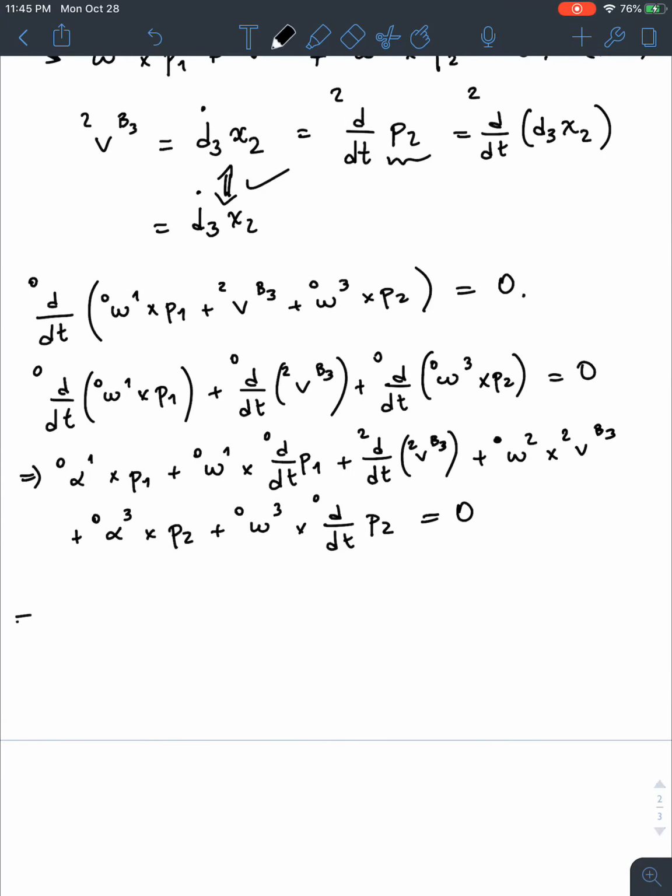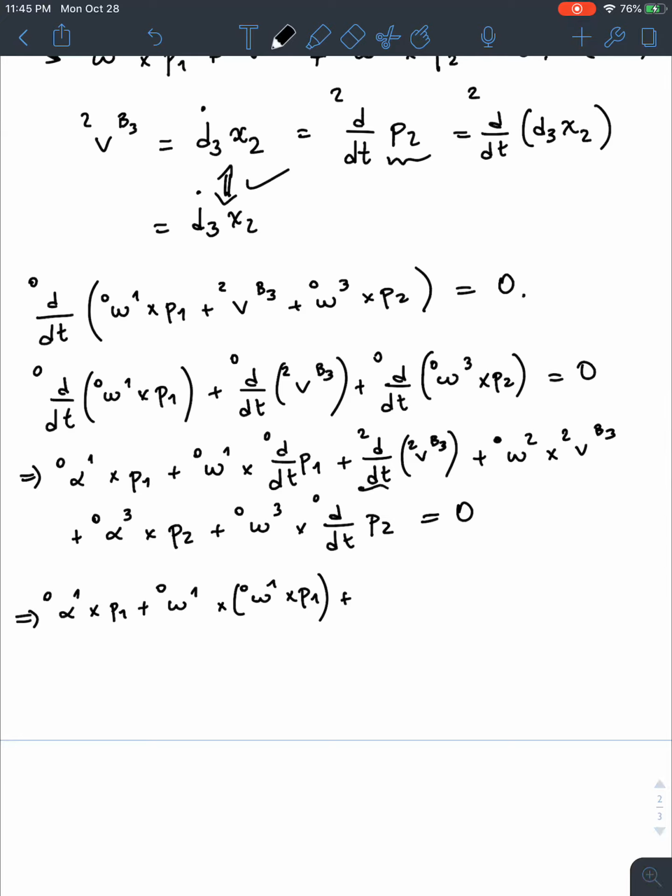Okay, so this is going to look like angular acceleration of 1 and 0 cross p1 plus angular velocity of 1 and 0 cross angular velocity of 1 and 0 cross p1. This was our earlier result, that the derivative of vector p1 in the zeroth frame was equal to the angular velocity of 1 and 0 cross p1. Yeah.